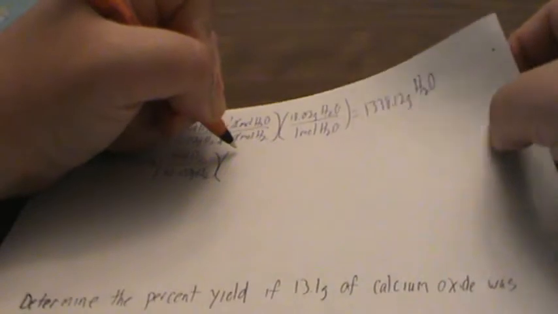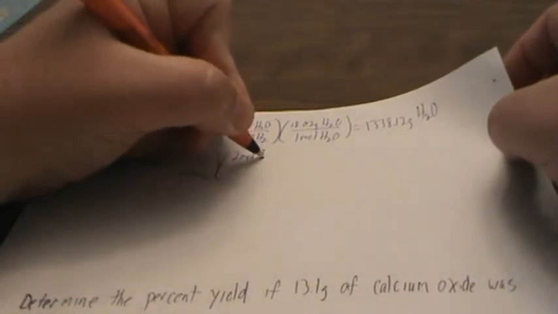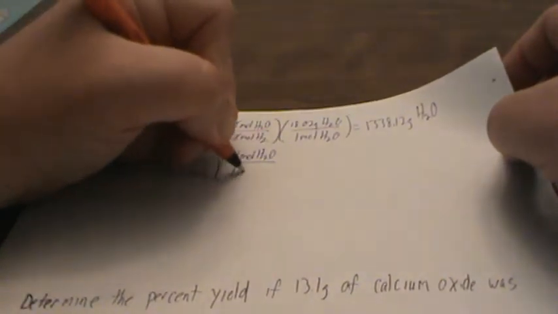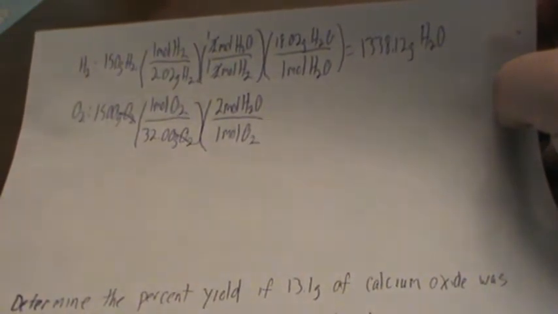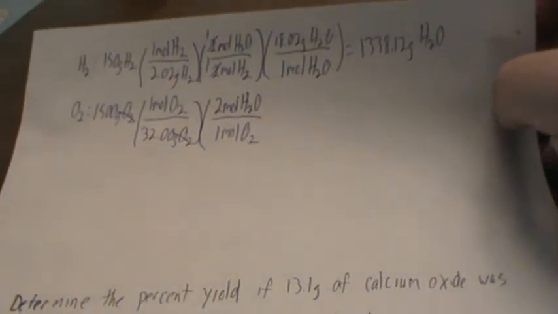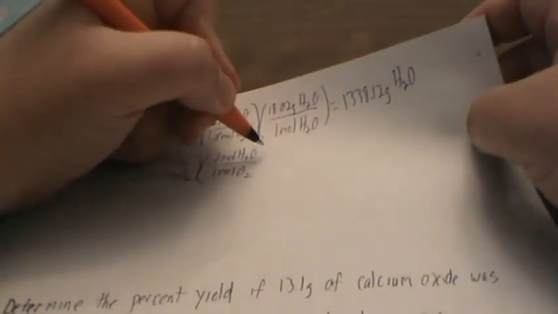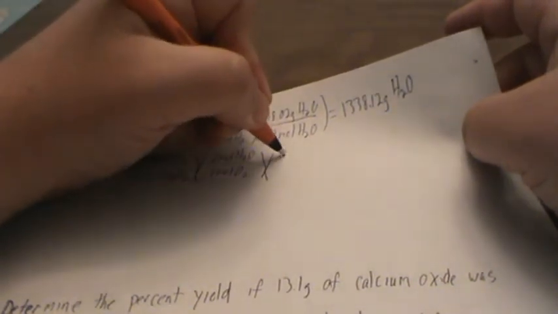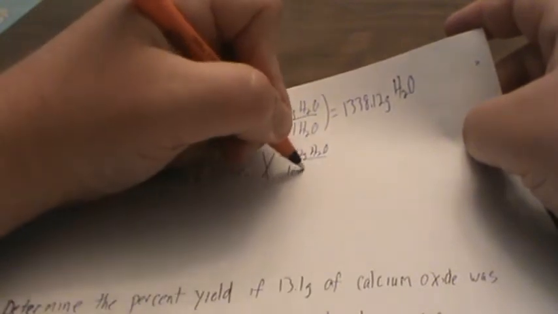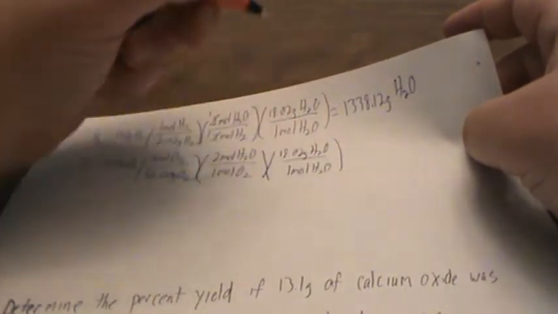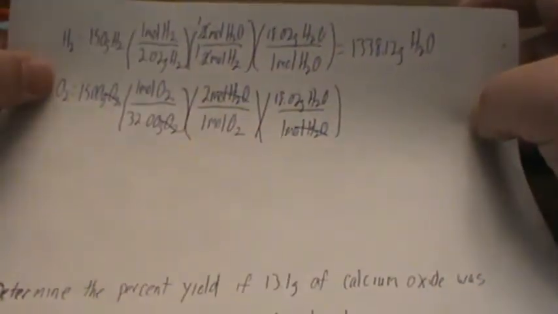So our mole-to-mole ratio in this one would be 2 moles H2O over 1 mole O2. Now this one we can't reduce because, you know, it's not 2 over 2 or 4 over 2 or 2 over 4. If you can reduce the numbers in the mole-to-mole ratio, by all means, do so. Make it a little bit easier on yourself. Then the last step, go to mass of the unknown, so 18.02 grams of water over 1 mole water. Moles get canceled out.